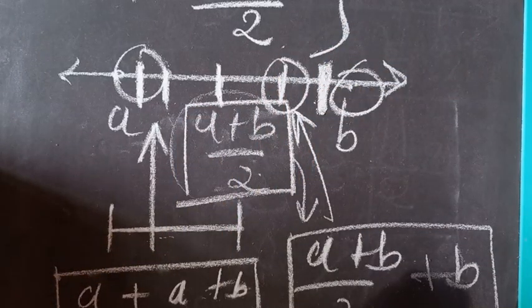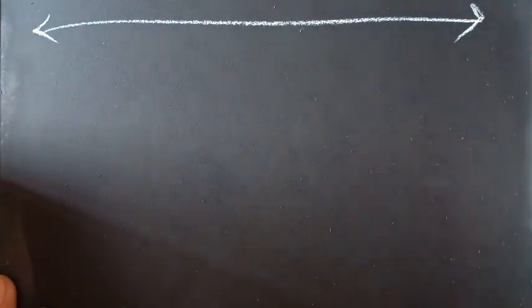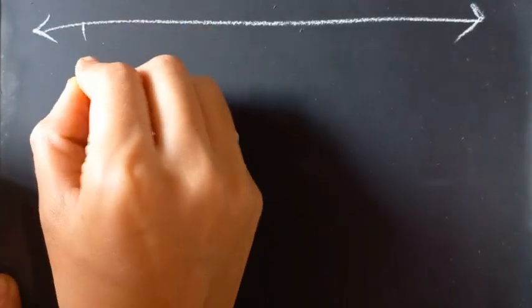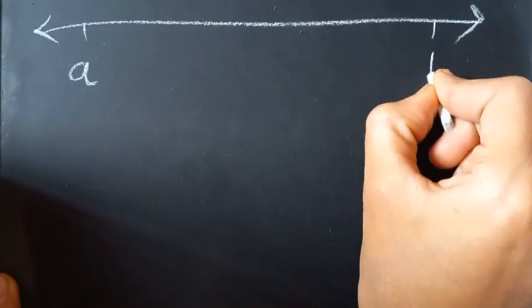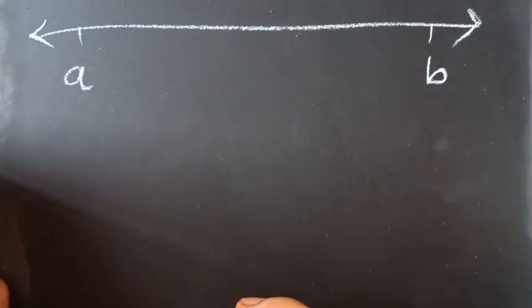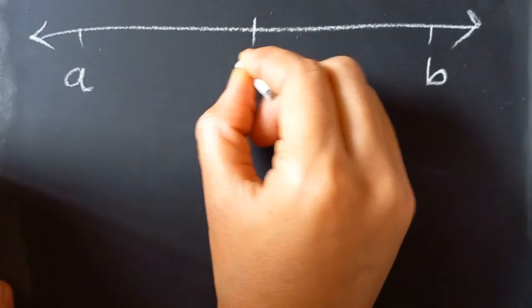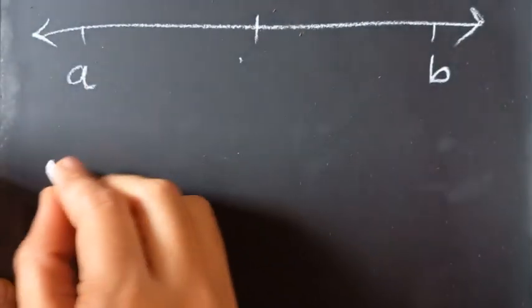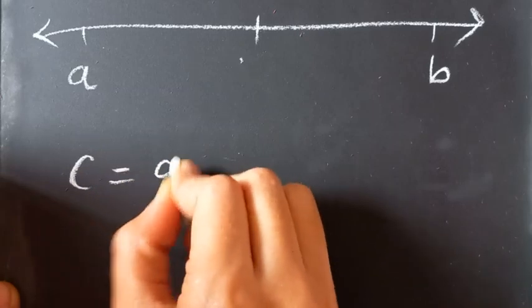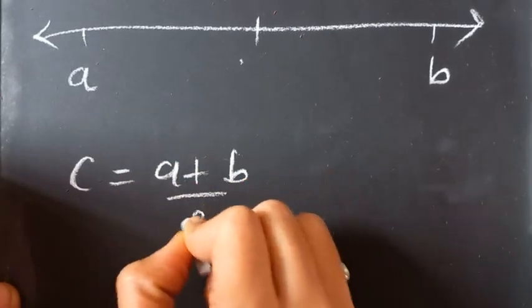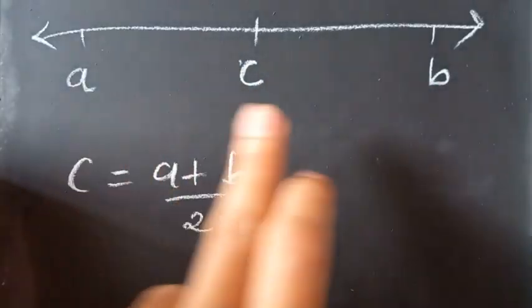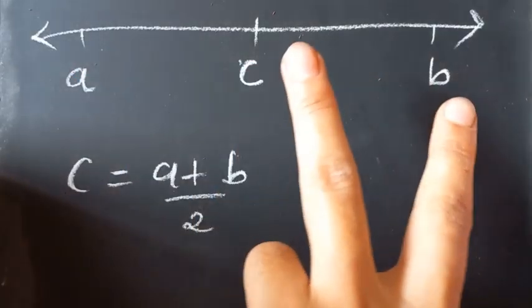Let's recall it again and understand by the number line. If we have a and b, one rational number is their mean. Let's say c is the mean of a and b. So we have one rational number between a and b.